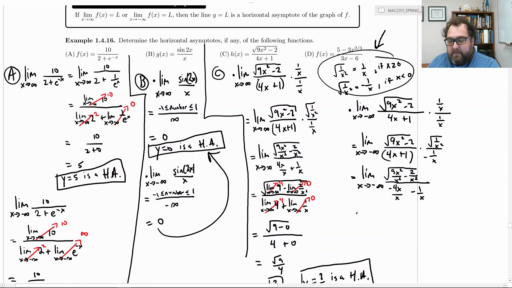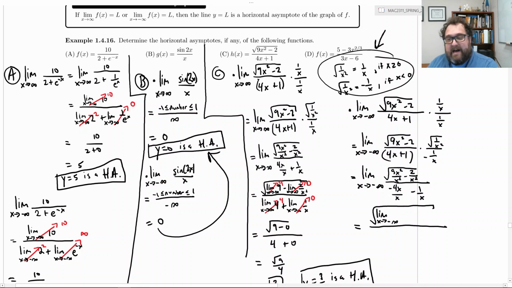Okay, and now if I apply, again, those properties in tandem, I'm going to apply the quotient property, the sum difference property, and the quotient property to take the limit of the numerator and denominator terms individually. I need the quotient property because, well, I have a square root on the top. So we have the limit as x approaches negative infinity.